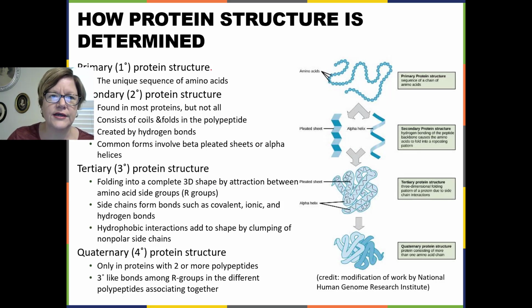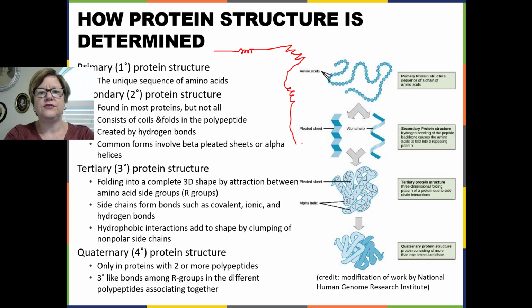You would have a region, like here's the protein, here's the straight chain, and then you would have a region that coils, and then it stops, and then maybe a region that folds back and forth, and then it stops, and maybe another coil. So within the larger protein, you have these little sections of secondary structure. The secondary structures are these coils and these folds. We usually call the coils alpha helix, and the folds are called pleated sheet. All right. And so the helix and the sheets, those are smaller sections within the larger protein typically.